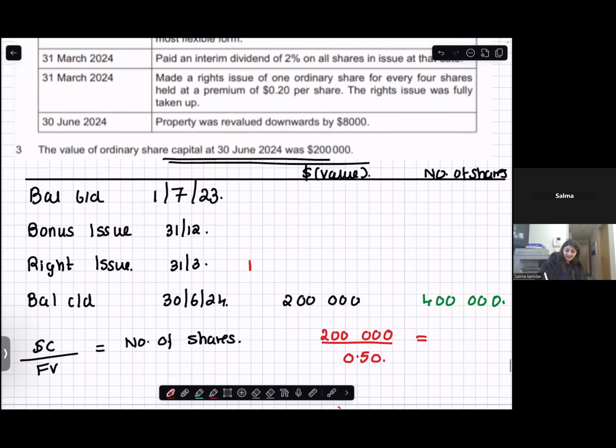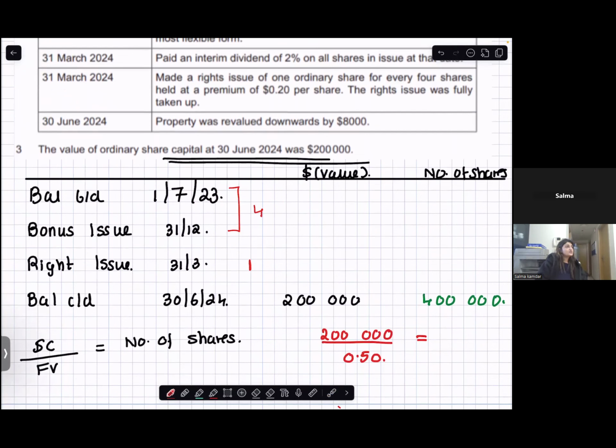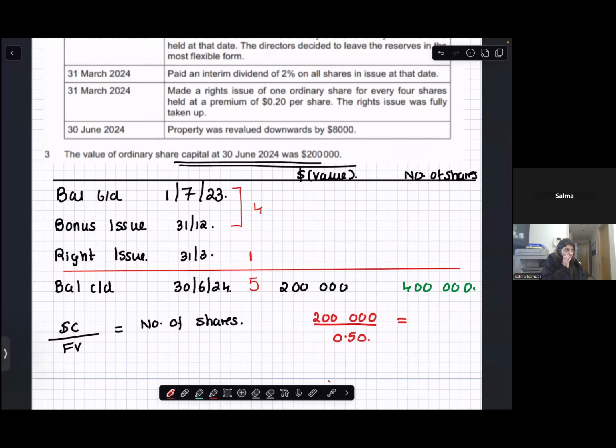For every 4 held. This 4 held includes the opening and bonus. So one ordinary share for every 4 held. So I would get my closing balance as 5. Yeah? Are you with me? Haris, are you with me?